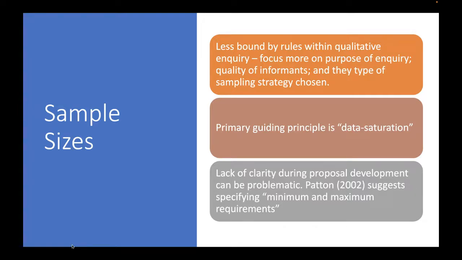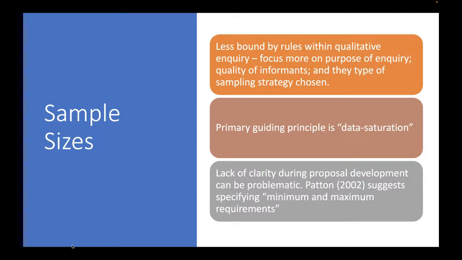But because academic research needs you to be a bit more specific than I'll just carry on asking until I can't ask no more, they ask you to give maximum and minimum parameters or requirements, which in essence is you saying, look, yes, I'm going to continue collecting data until my data is saying the same thing, but I will make sure that this destination that becomes the end of my inquiry cannot happen when I've interviewed less than 10 people, and I won't let it carry on until I've introduced 30 people.